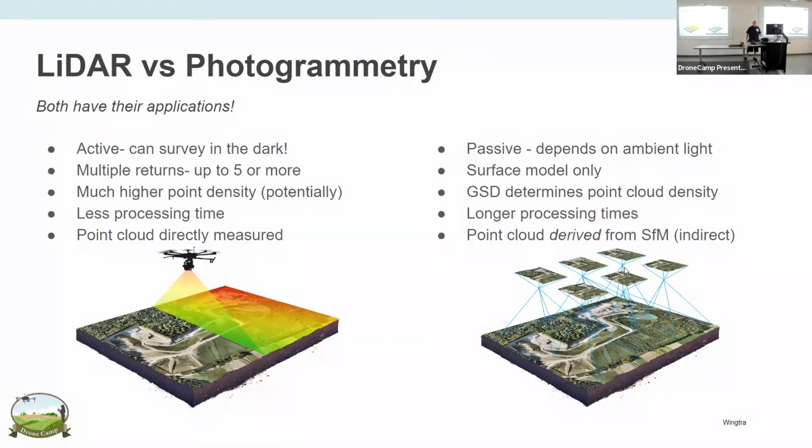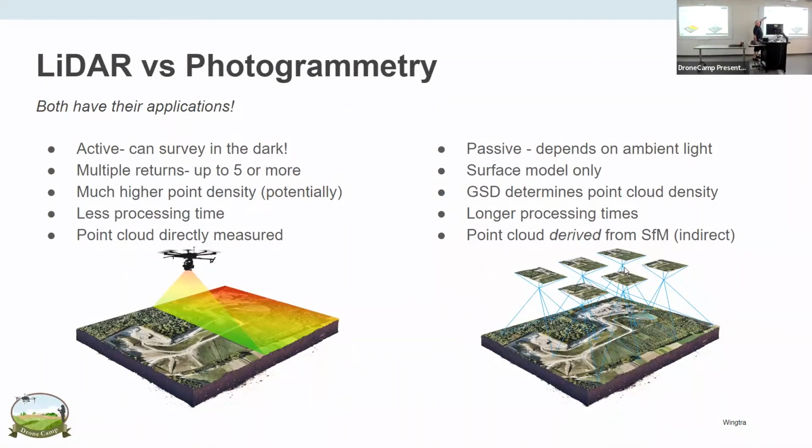The processing times for photogrammetry are often longer than the processing times for LiDAR. And the point cloud that we end up with is indirectly measured. It's a guess. Whereas with LiDAR, all the opposite of those things.